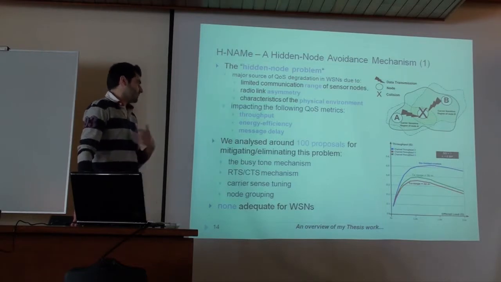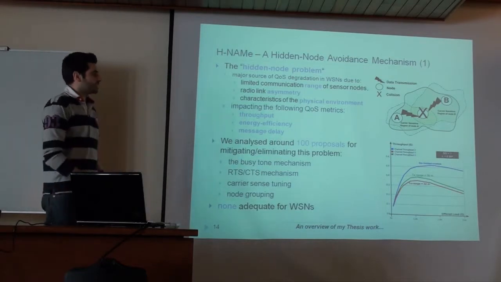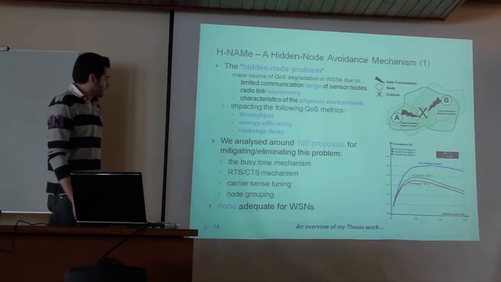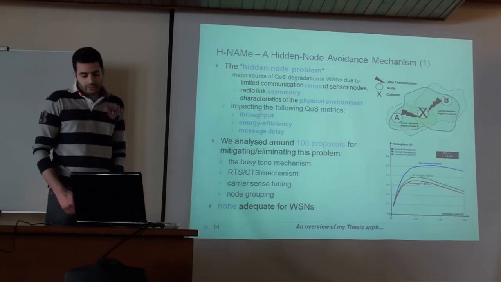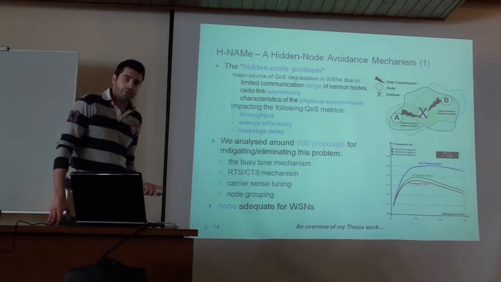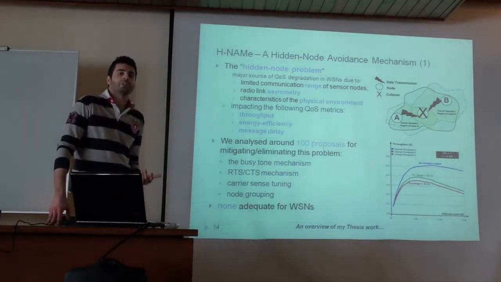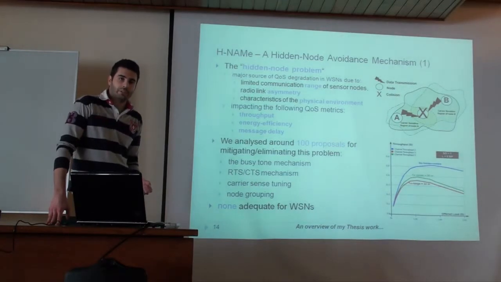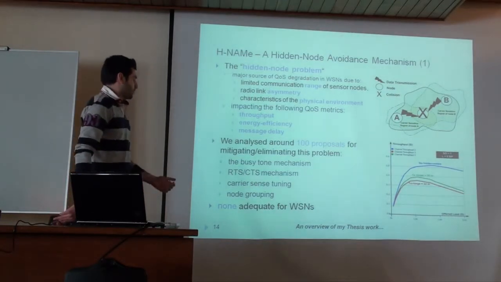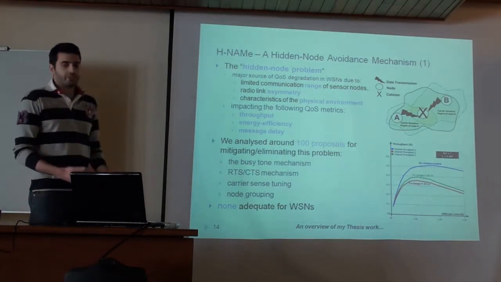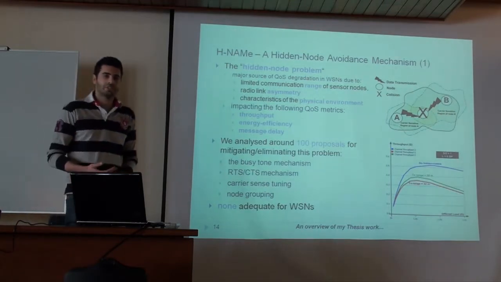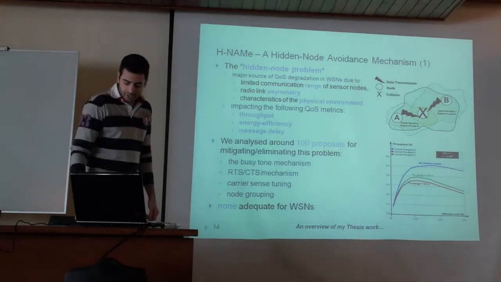We analyzed several proposals to solve or mitigate this problem. We came to the conclusion that none of those was really adequate for the particular case of wireless sensor networks, due to the fact that you have to work with limitations in terms of energy efficiency and communication bitrate.